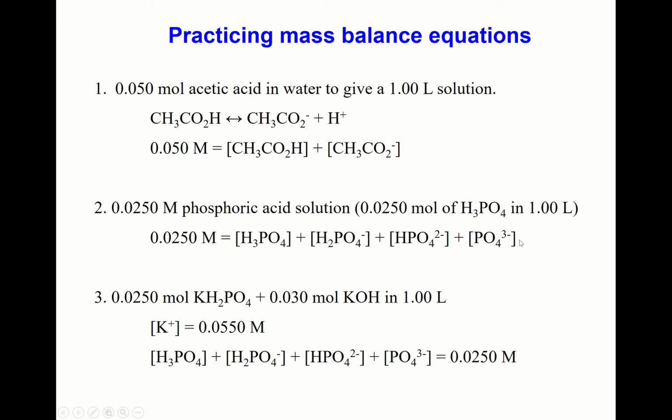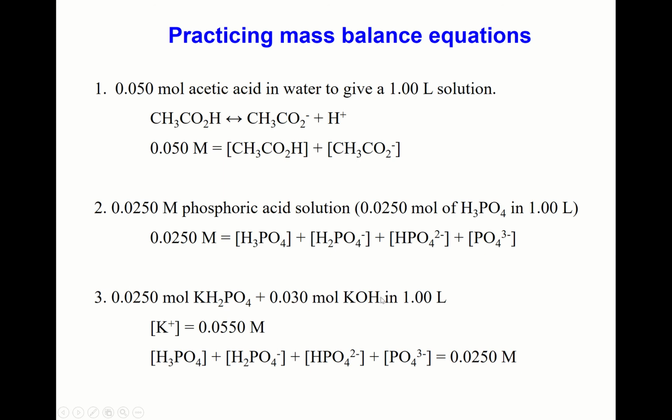And what about this mixed solution? In 1 liter solution, there are 0.025 mole of potassium dihydrogen phosphate, the same as the previous one, and 0.03 mole of potassium hydroxide.